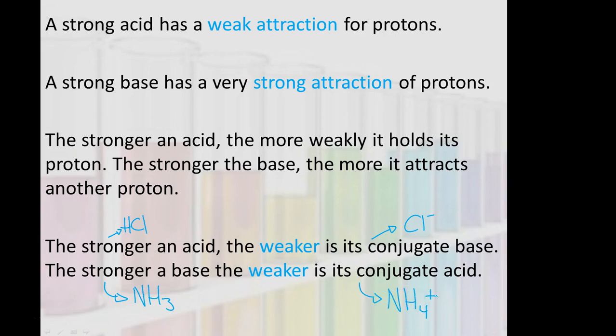Why is it NH4 plus and not NH2? It needs to be able to donate a proton, and NH2 is not something we know as an existing ion. We know ammonia and ammonium exist, right? So we're not just creating a random molecule, it's always something that we should know.